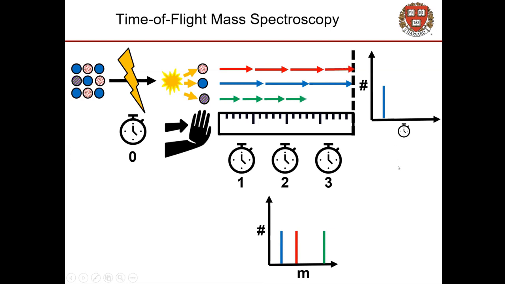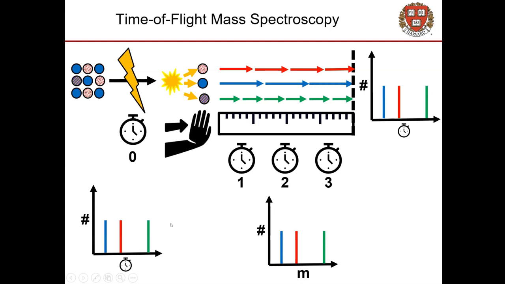Time continues and the next one arrives and is assigned, and so on and so forth until all the pieces of material that were liberated by this burst event have arrived on our detector, or we turn our detector off and miss some things, hopefully not. So this gives us a time of flight spectrum, number versus arrival time.